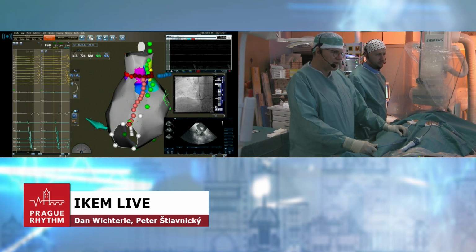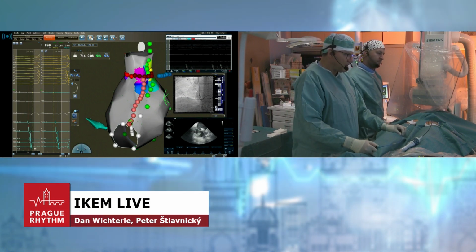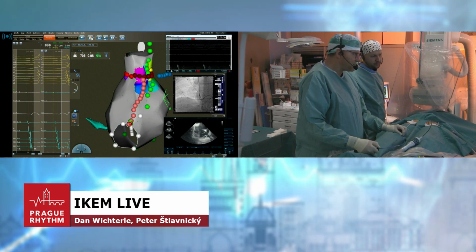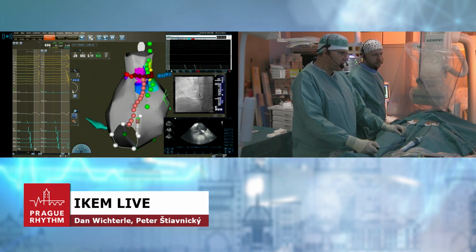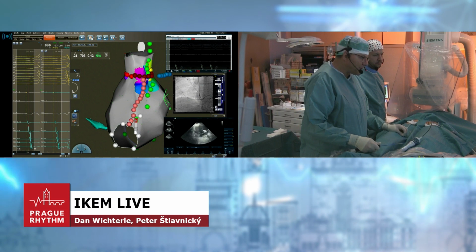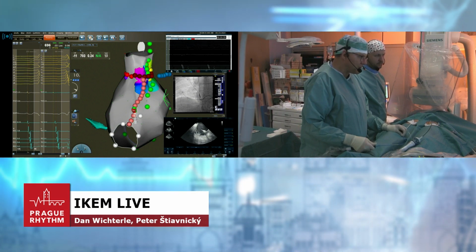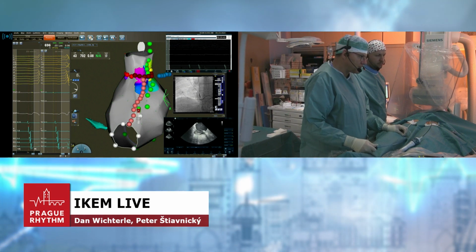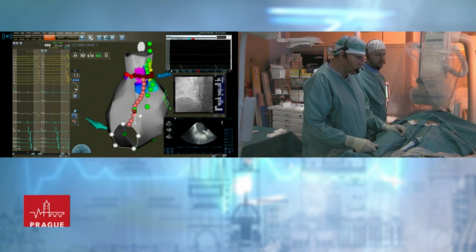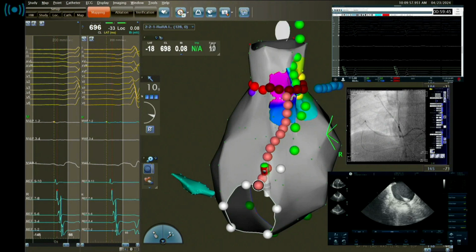Exactly. Probably we will wait to see how the sinus rate behaves, because when we were ablating somewhere at this portion, I am pointing with the mapping catheter to this area, there was an unexpected acceleration of the sinus rate from 80 to 110.